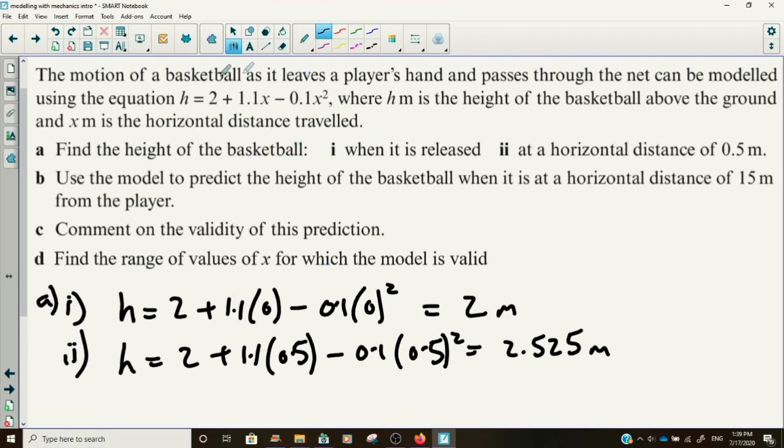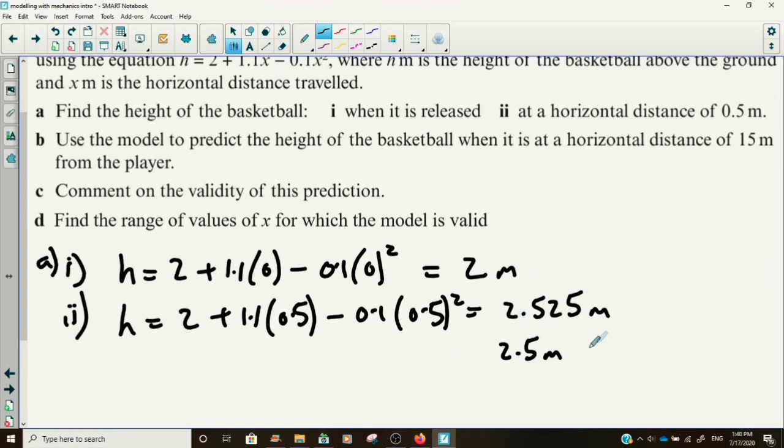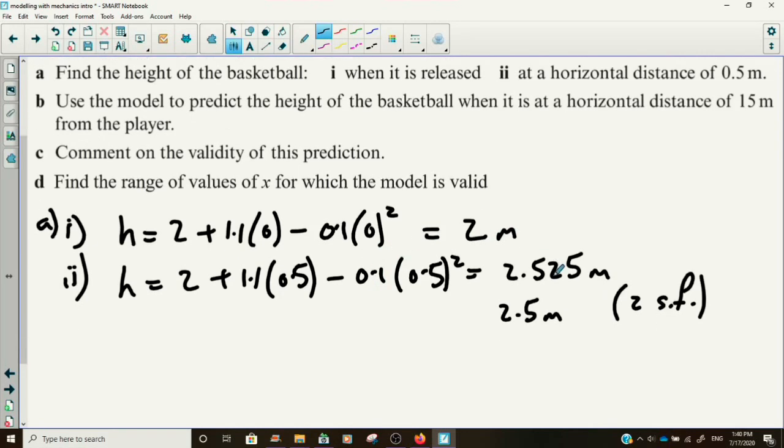Because this is a mathematical model, writing down a too accurate answer may not really make sense. So I would probably write this down as 2.5. This isn't going to be exactly the right height. This is just an approximation, because we haven't taken into account air resistance and things like that. So it's probably sufficient to give this answer to 2 significant figures. And when you do that, just indicate in brackets how you're rounding your final answer. Okay, so 2.5 meters above the ground after it's traveled 0.5 meters horizontally.